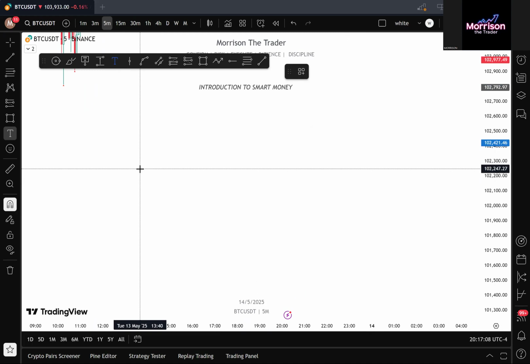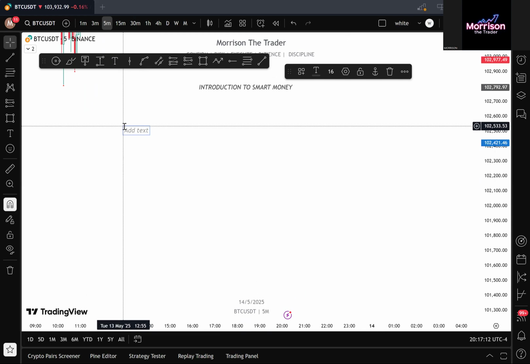We see in trading, right, we have institutional trading, and we have retail trading.